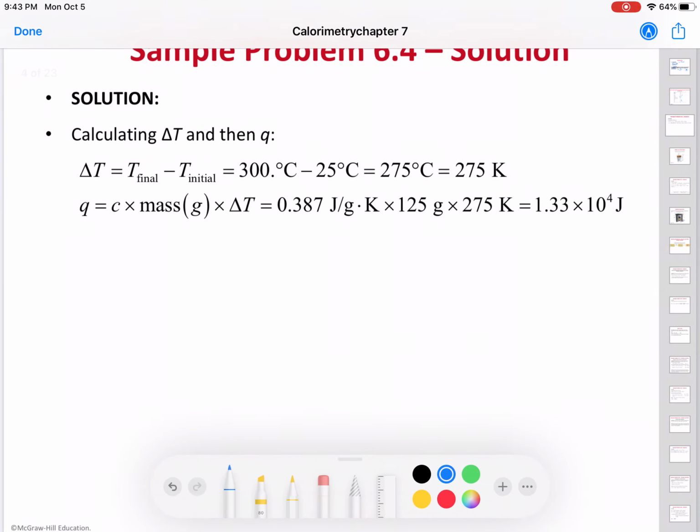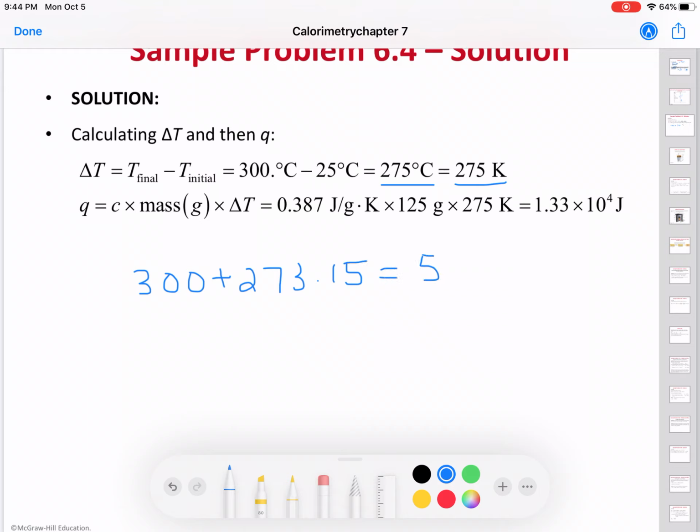We can calculate delta T and then Q. Delta T, final minus initial, 300 minus 25, that's 275 degrees Celsius, which is also similar to 275 Kelvin. Because how do you convert Celsius to Kelvin? If you take 300, you're going to be adding 273.15 to convert it to Kelvin.